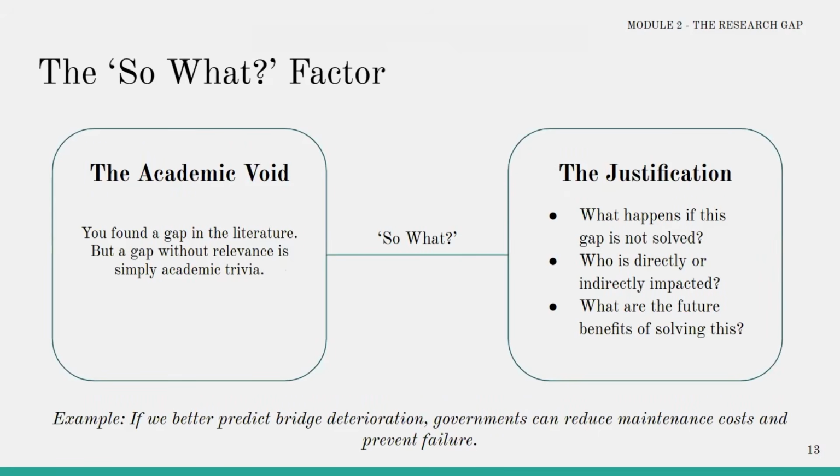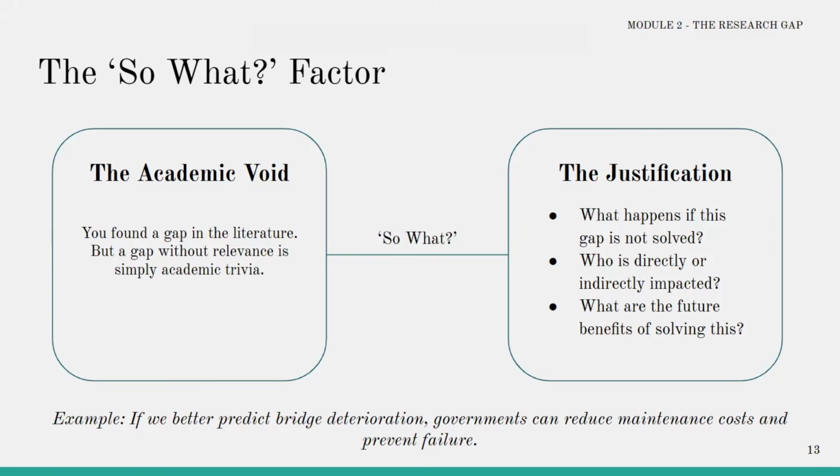So if we want to know whether a research gap or void is really a good research gap, we can ask a simple question: so what? It's not enough that there is a research gap; it should have some specific characteristics to be justified as a research gap.